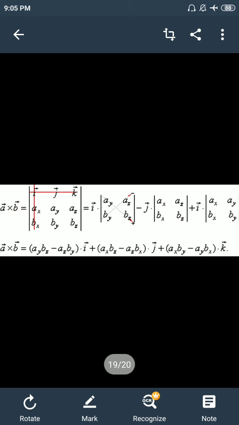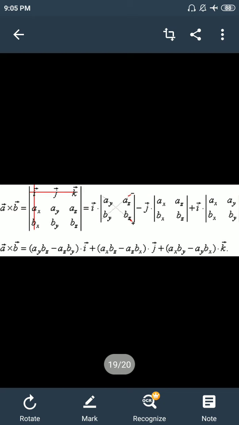Now we cancel the second column, first row, drawing the red line in the middle and the first one. So what we have is ax, az, bx, bz. Plus, then the last column we neglect, or delete, so what we have is the first two: ax, ay, bx, by.